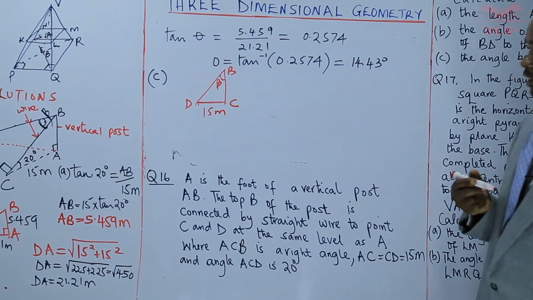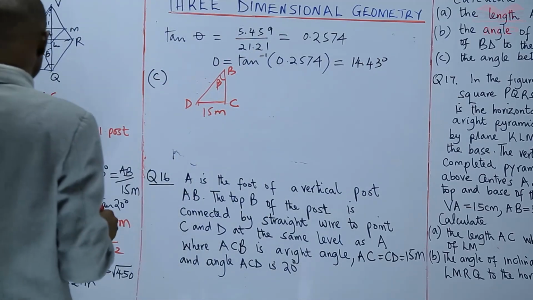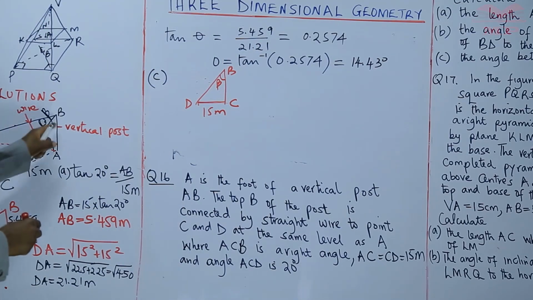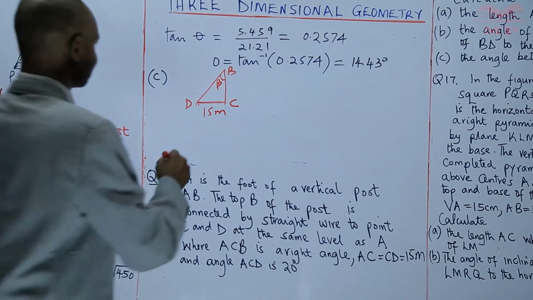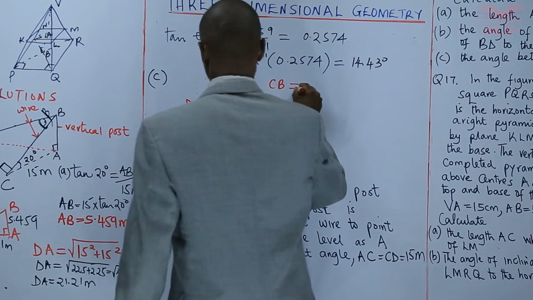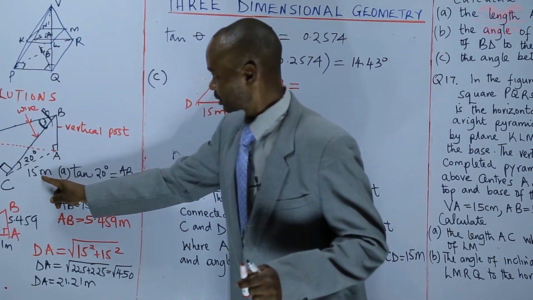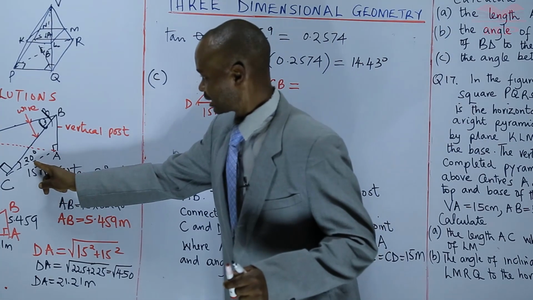So I should have two ratios in order for me to get it. I have this one, but I don't have that one. I should get CB. CB is equal to, you'll use the ratios. This is 15. CB, adjacent, hypotenuse.